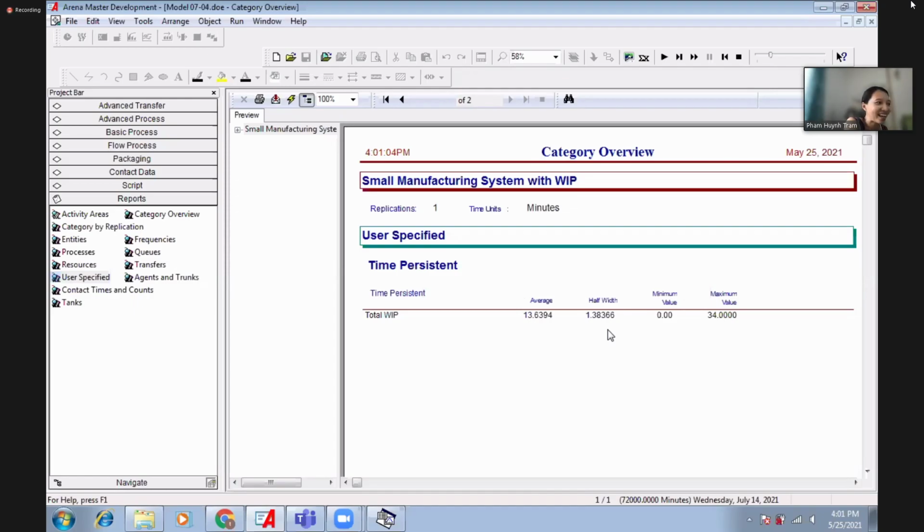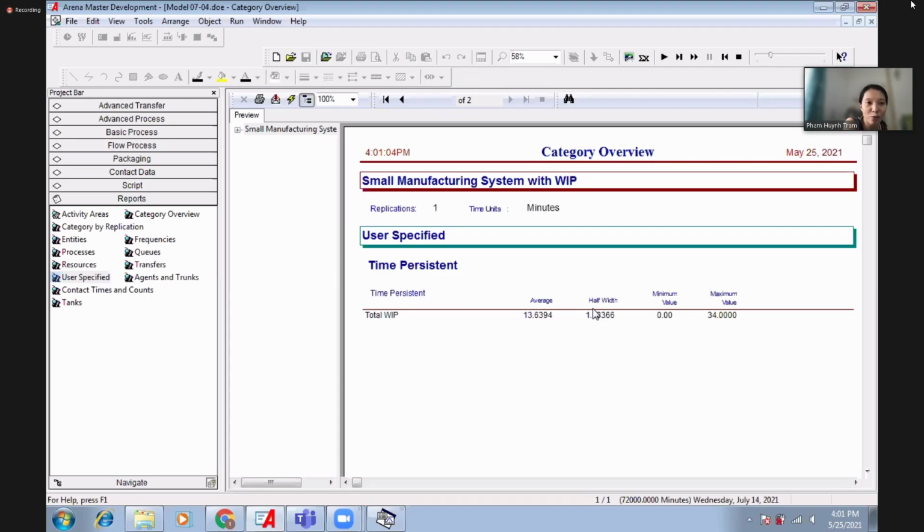The way it comes up with the half width calculation is by batching. It will divide the data it collects from the 50 days of one replication into batches, and then consider each batch as one replication. This is automatically done in Arena.